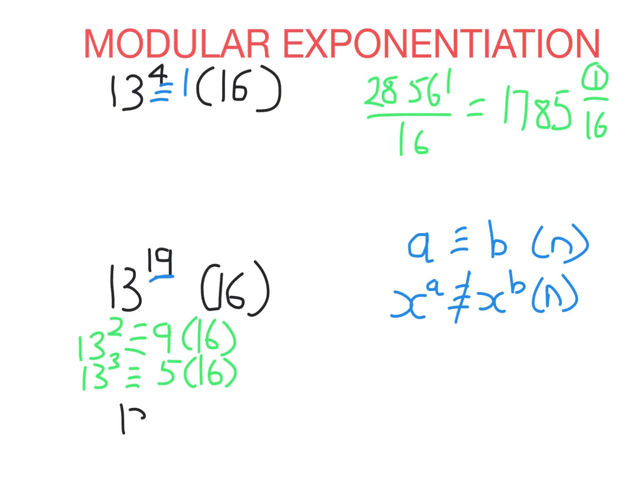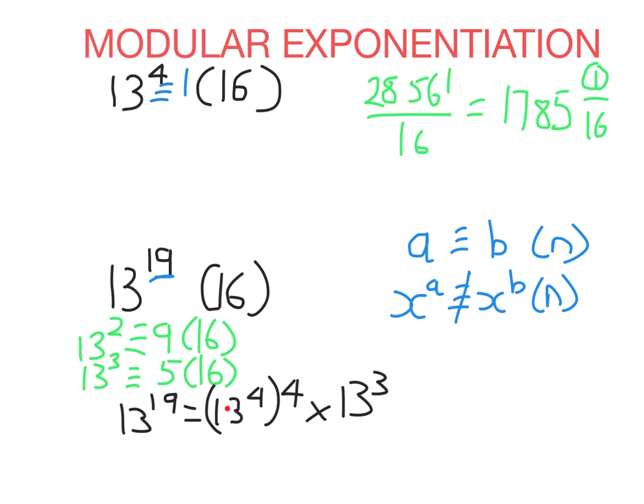See, 13 to the power of 19 is the same as 13 to the power of 4 raised to the power of 4, that's 13 to the power of 16, times 13 to the power of 3. The reason that we do this is because these happen to be smaller numbers. It makes our calculation easier.